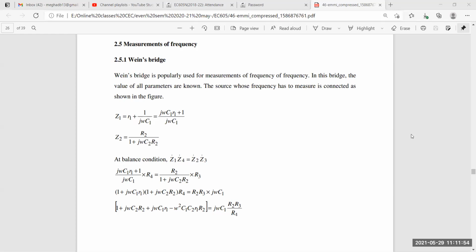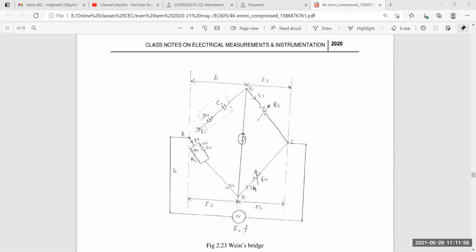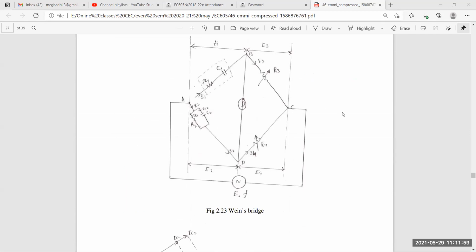Let us come to the diagram first. This is the Wien bridge diagram you can see. In the case of these bridges, you need to know where you are connecting what. That is important. The Wien bridge is used to measure unknown frequency.